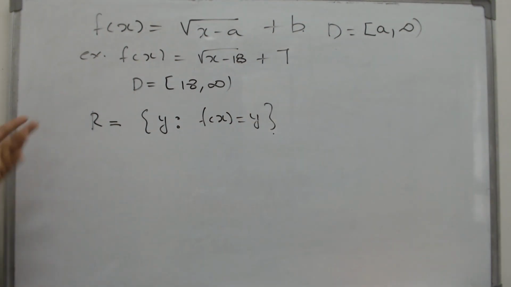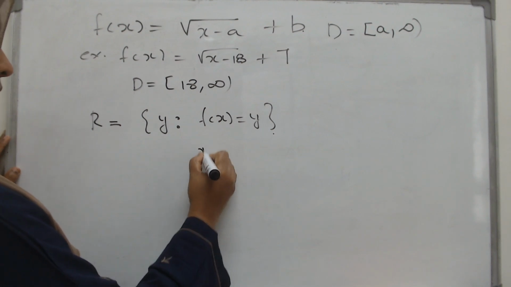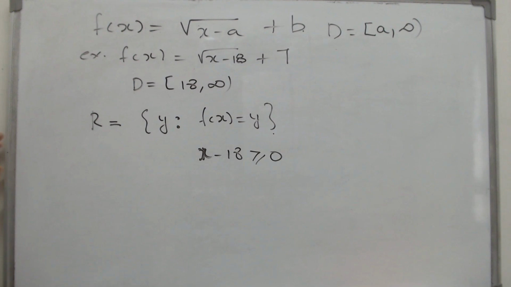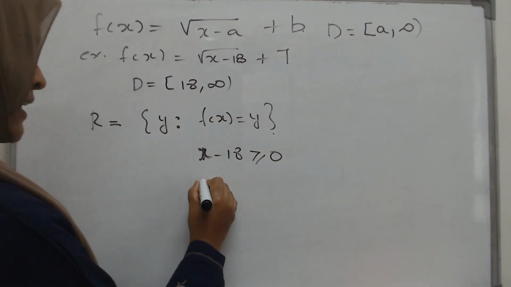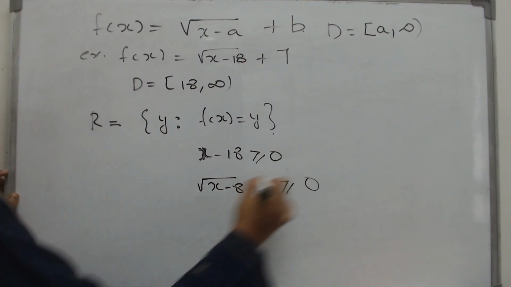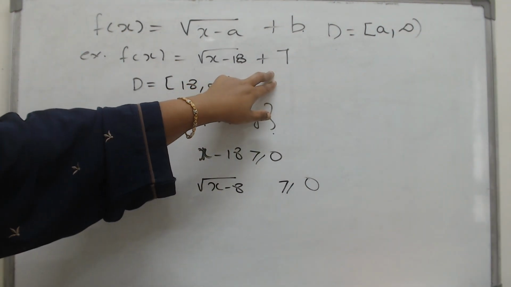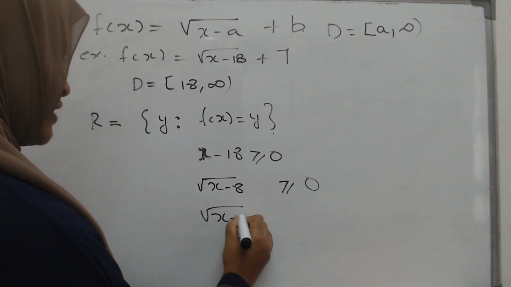Or in other words, what is the condition for your x? Your x minus 18 should always be greater than or equal to 0. When a number is non-negative, its square root will also be non-negative. But then this is not our y. Our y has a plus 7 also to it. So what do we do? Add plus 7 to both sides.